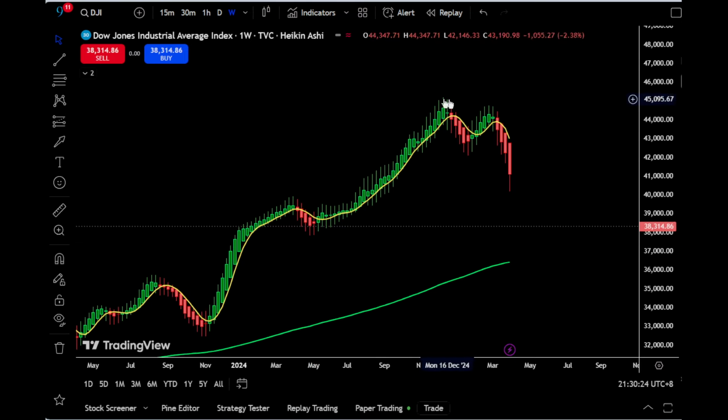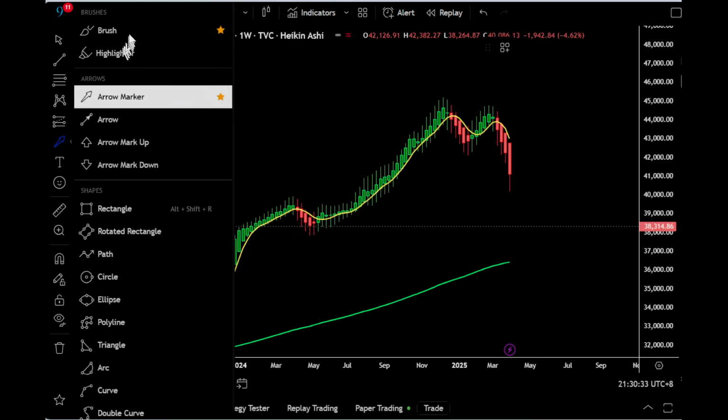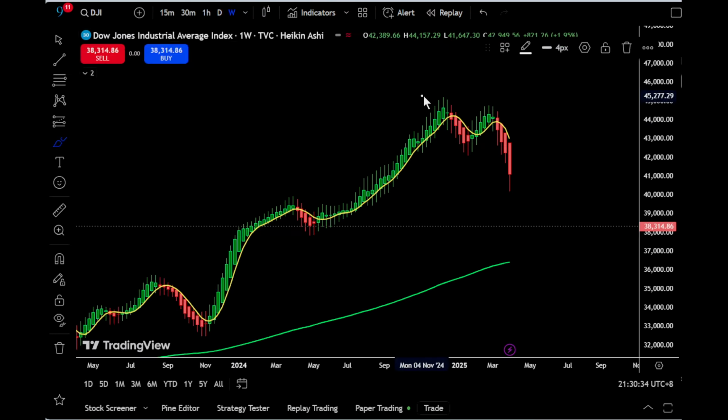So as you can see here, this is the Dow Jones Industrial Average, the weekly chart. Let's put the brush. After it created these higher highs here, it created a lower high, which indicates that the momentum is slowly dying down. This entire momentum upwards here.